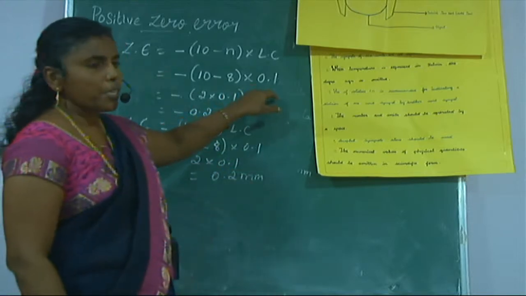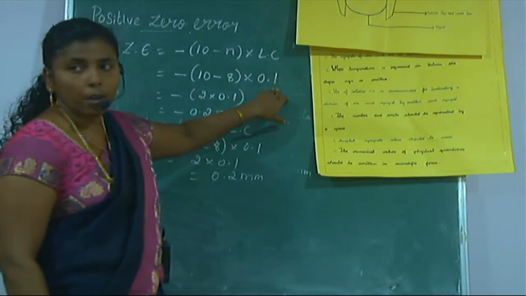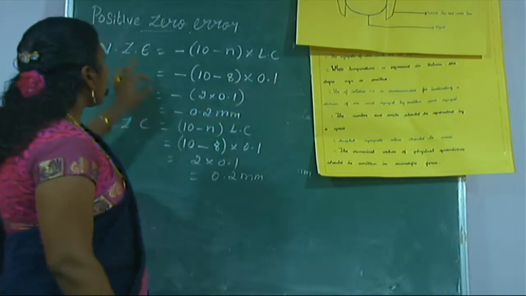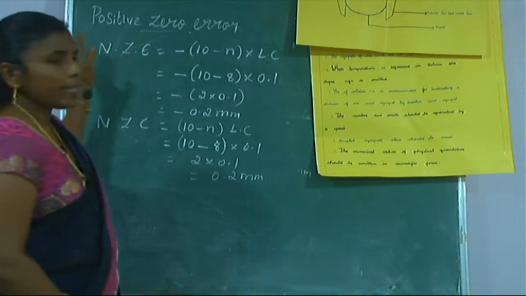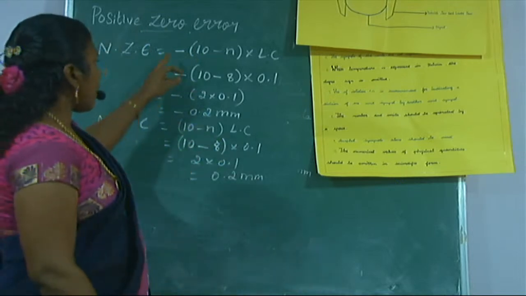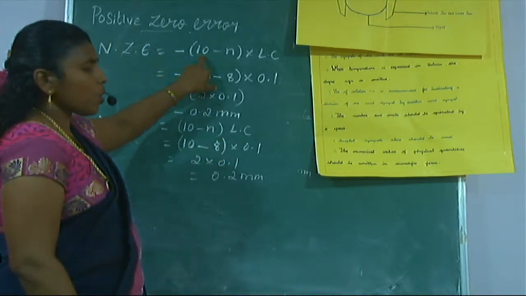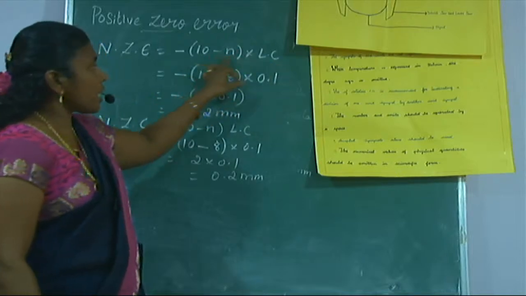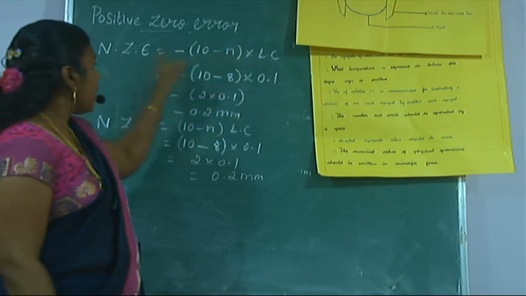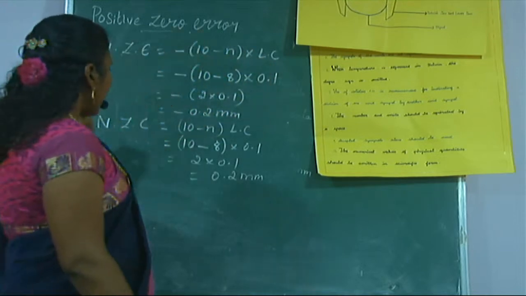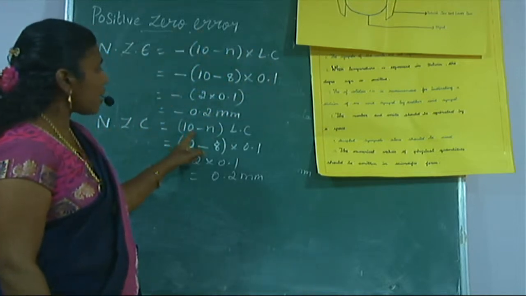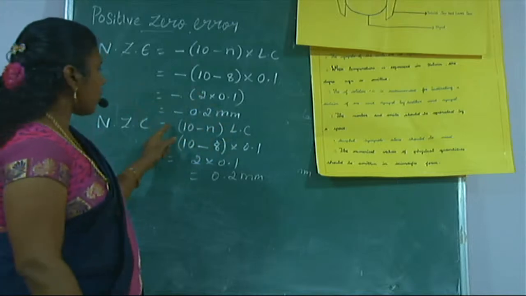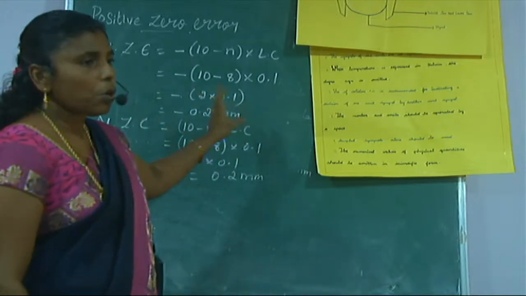Suppose it is in centimeter, then you multiply by 0.01. Like that we find the negative zero error. What's the formula for negative zero error? Minus of 10 minus N into LC. That's the negative zero error. For the negative zero correction, the formula is 10 minus N into LC; don't write the minus.